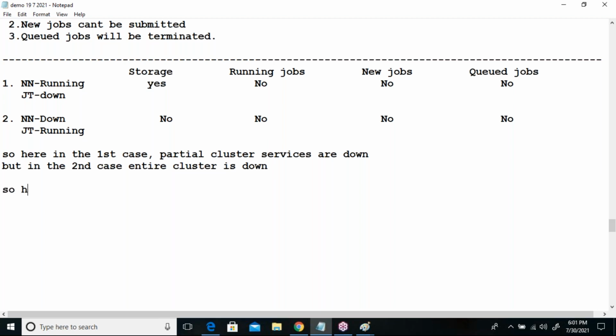So here, the SPOF is the name node. What do you mean by SPOF?